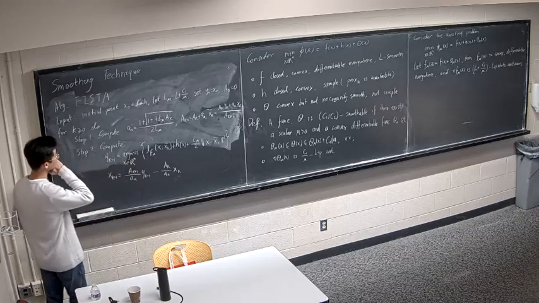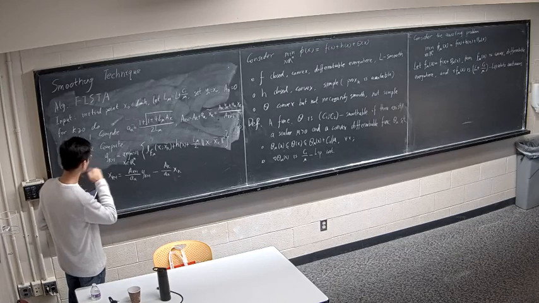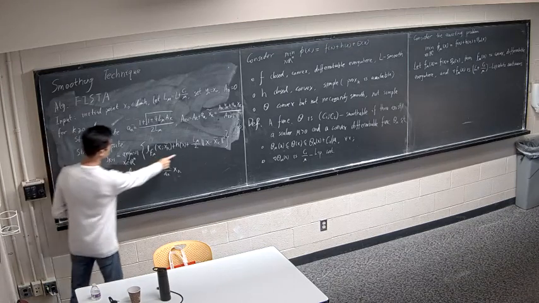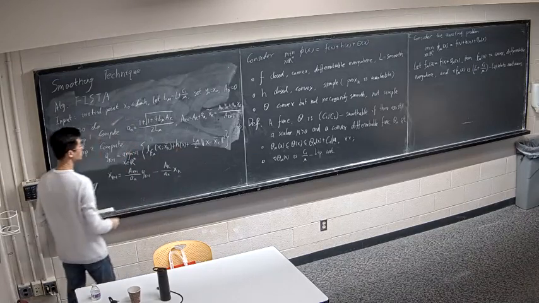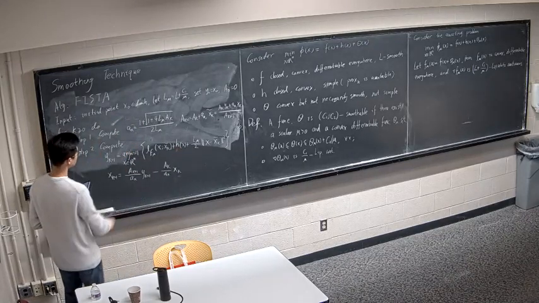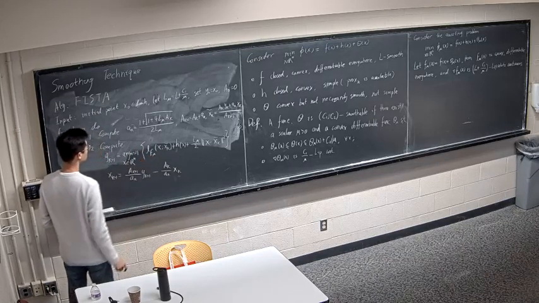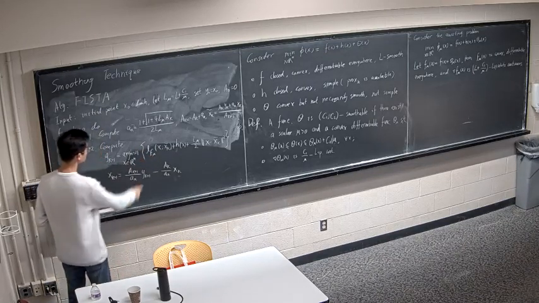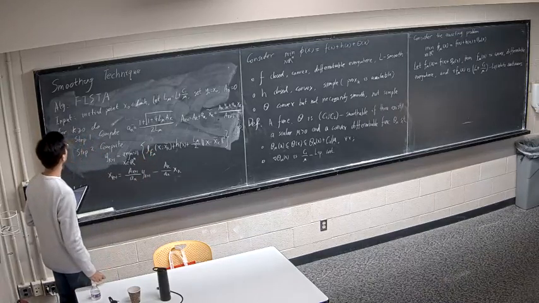The most computationally expensive step is this one, which is to compute the proximal mapping of h at a certain point. And here this is a linearization of the smooth function f mu. In the original algorithm, here it's just f because we have no theta component.